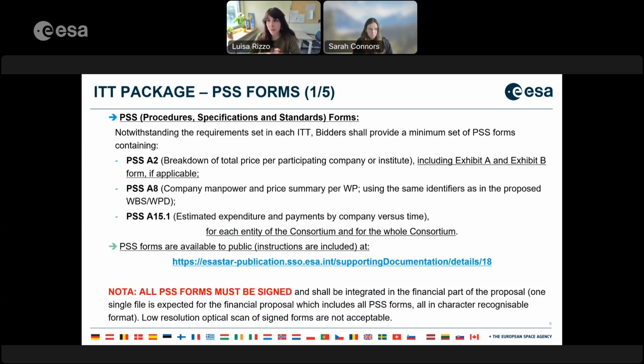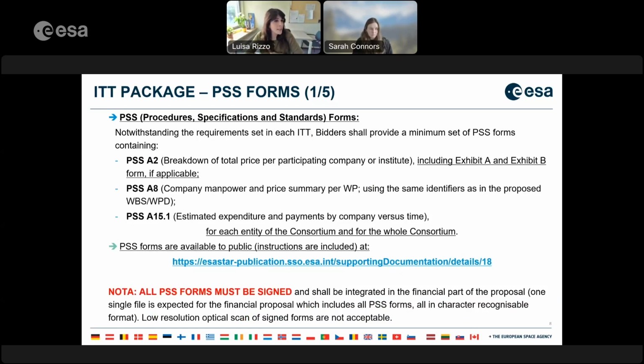instead of focusing on the whole proposal template, I wanted to focus on maybe one of the most hated sections of ESA proposal templates, the PSS forms. So we're now approaching the financial part of a proposal to be submitted, of course, under an ESA ITT.